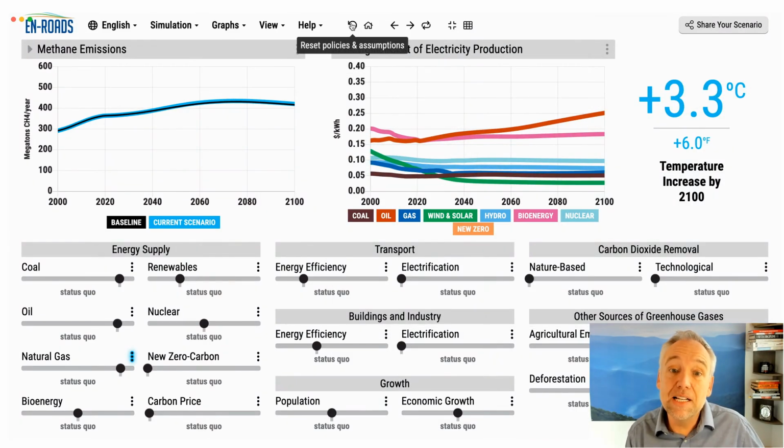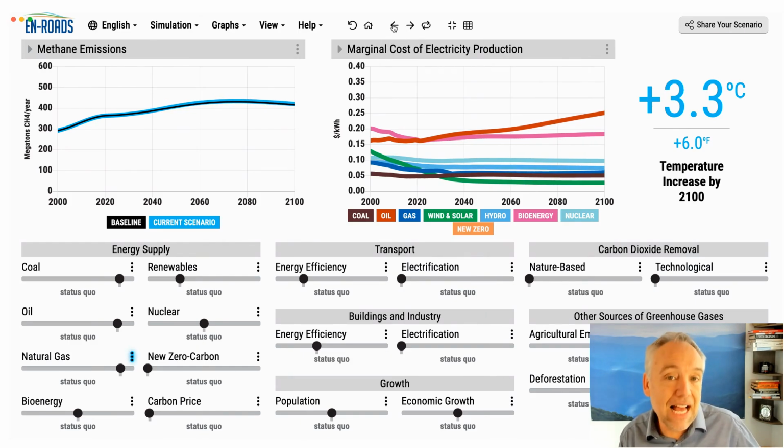I'll undo it. This is the marginal cost of electricity production. See the blue line, and I will redo that change. See the blue line going down. Cheaper natural gas leads to more overall gas demand, which means more overall production.